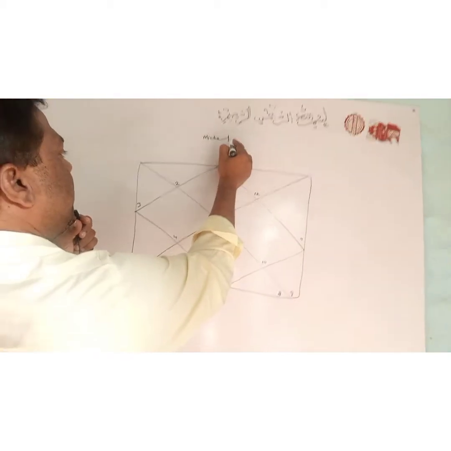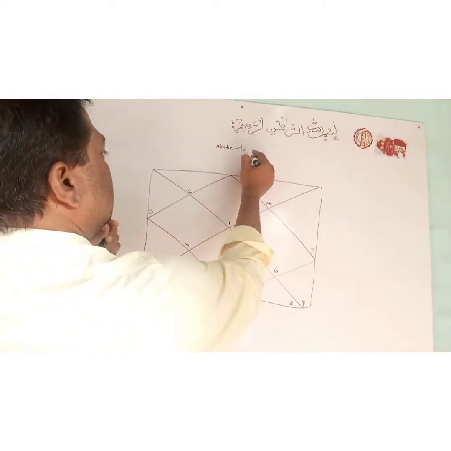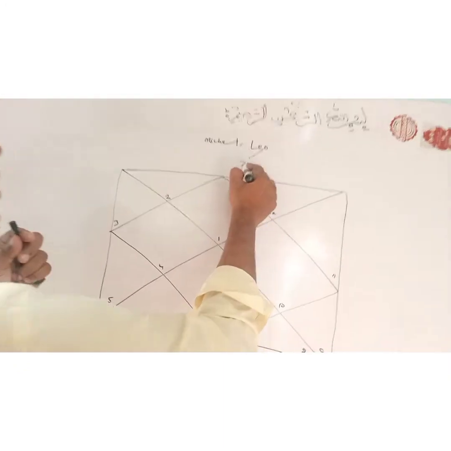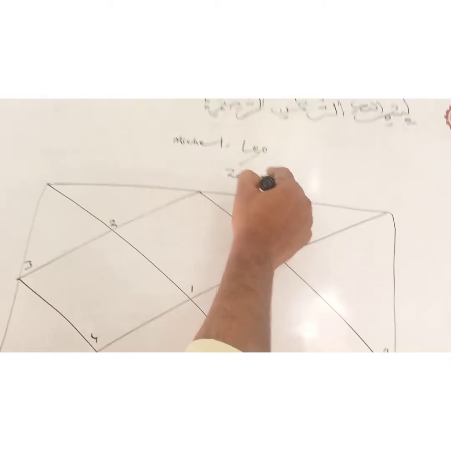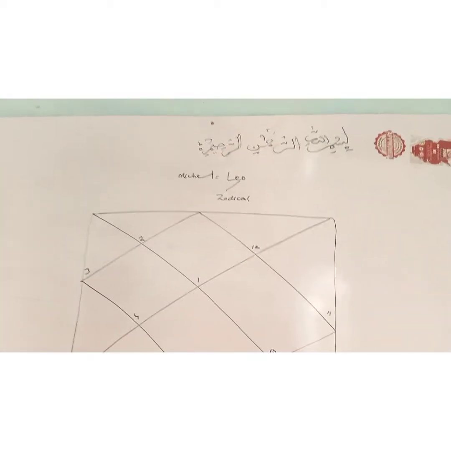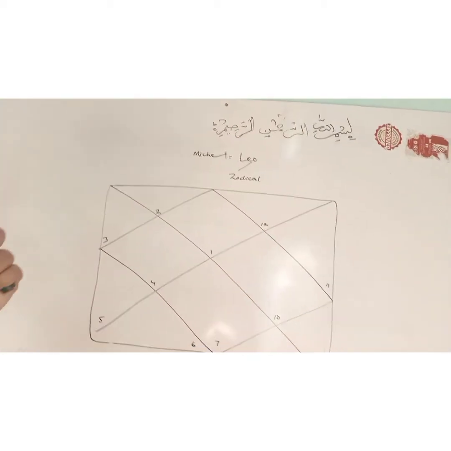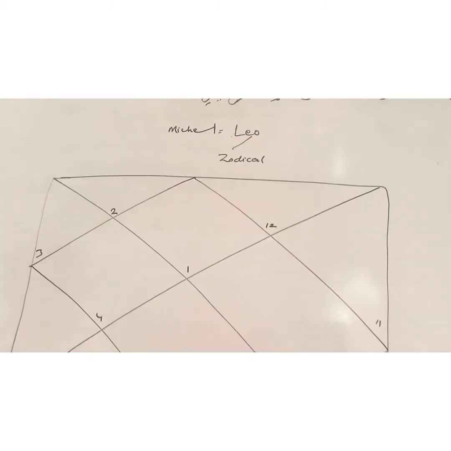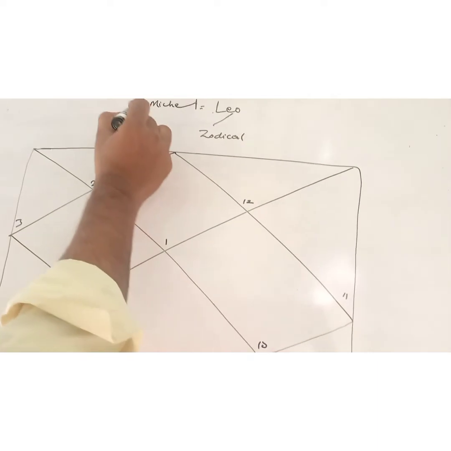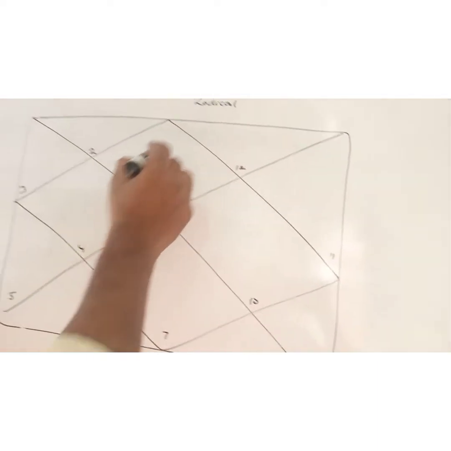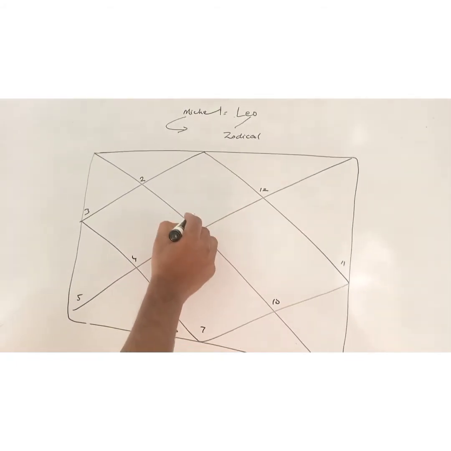Now his name belongs to the Leo zodiacal sign. No need of time, no need of birth chart, no need of any details. You only ask his name, and now this is Leo.